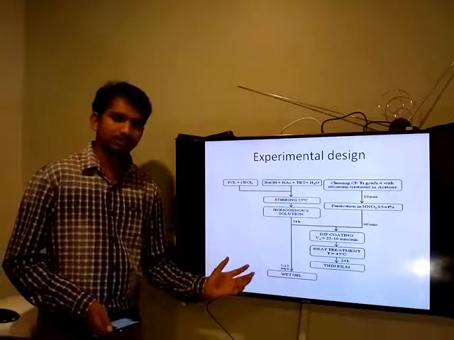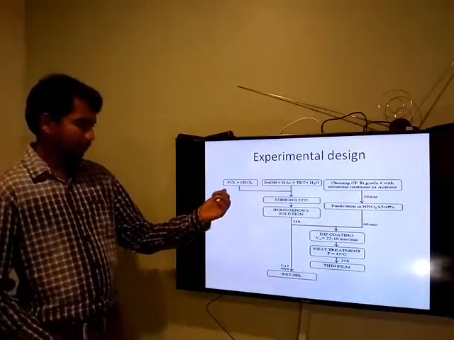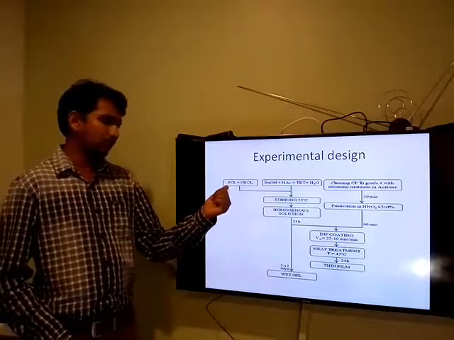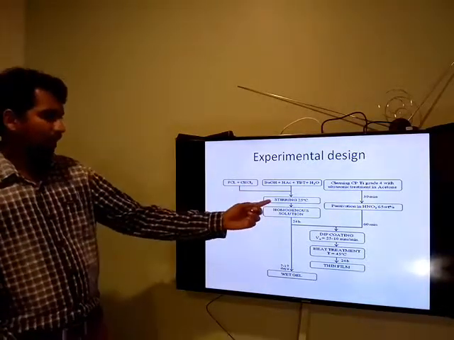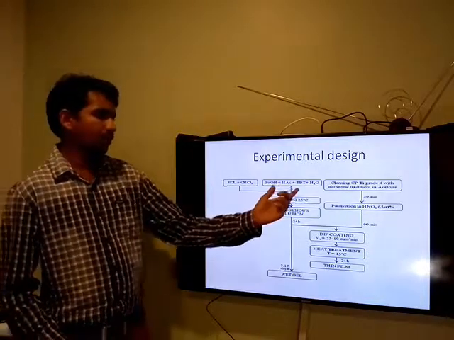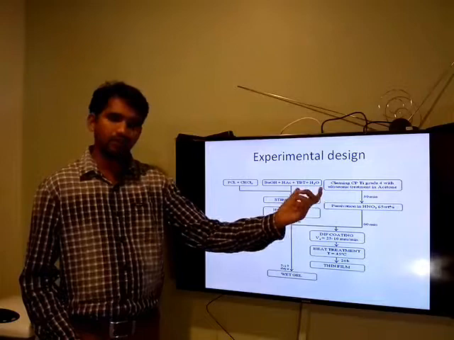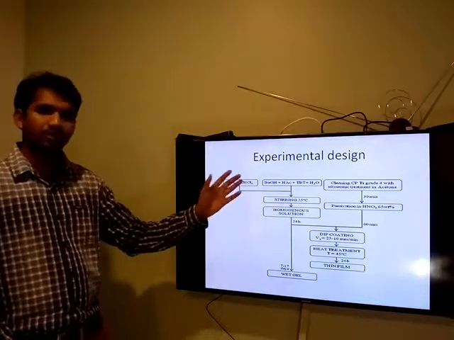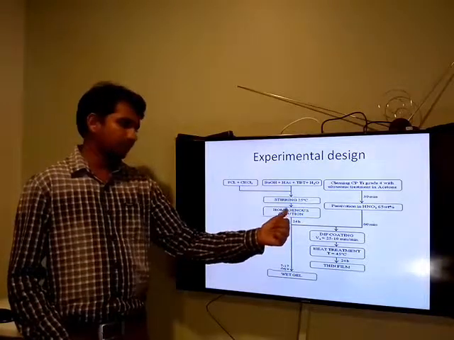Here is my experimental design. I have used polychloride and chloroform as inorganic materials, and butoxide, ethylenic acid, and water as organic materials. I mixed these two and made an inorganic-organic bath at room temperature.